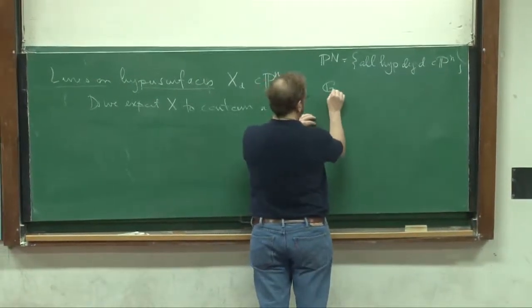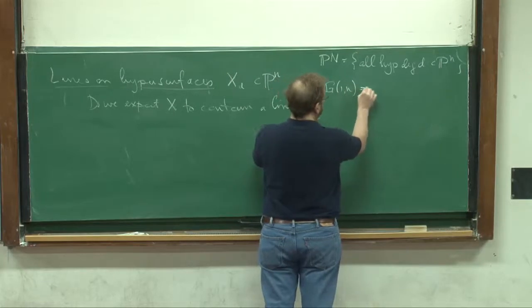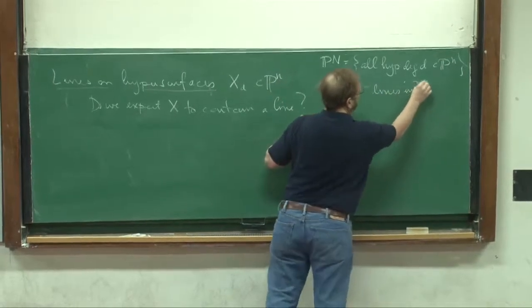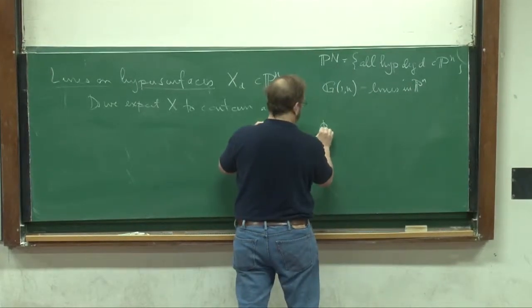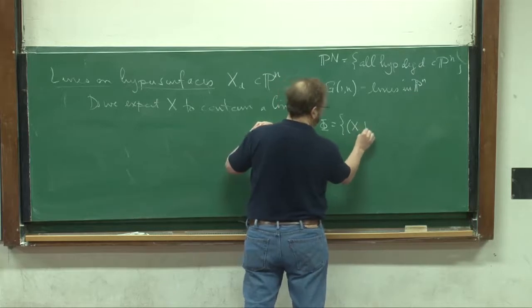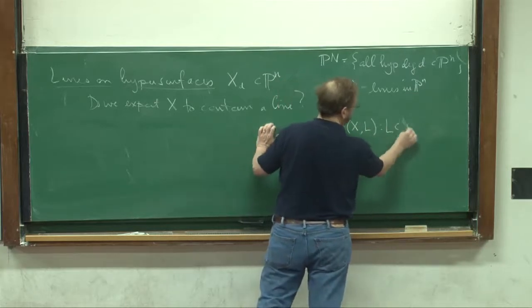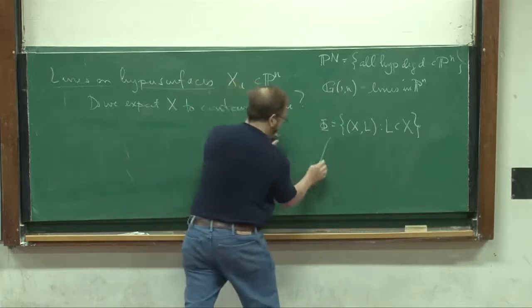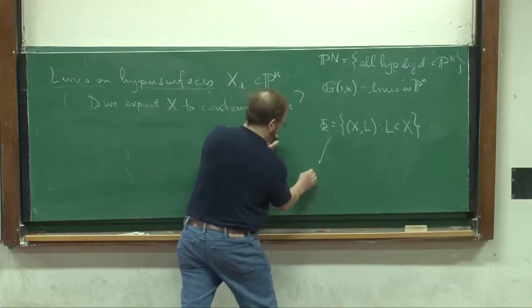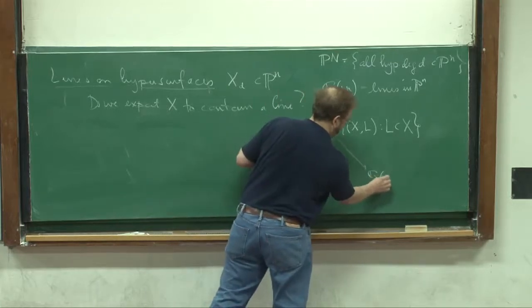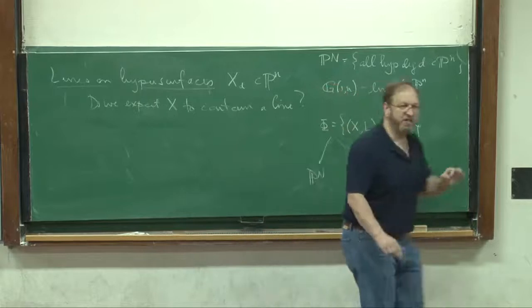Of course, as yesterday, I want G(1,n) to be the variety of lines in P^n, and I want to look at the incidence correspondence, Phi, which consists of pairs, a hypersurface X and a line L, such that L is contained in X. And that admits projections to the projective space of all hypersurfaces and to the Grassmannian. And here's the point.